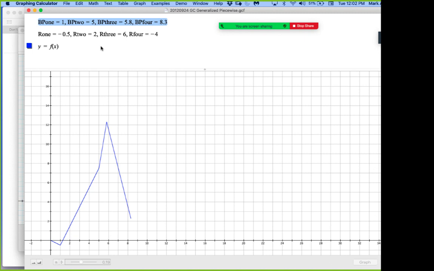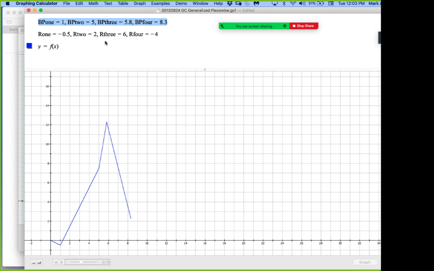Rather, I'm asking you to create this file that, when you enter the breakpoints, so right now the breakpoints are 1, 5, 5.8, and 8.3, and the rates, will graph the piecewise function according to the breakpoints and rates. And there's just one command line below this, right? So there's one math line underneath this that does that.